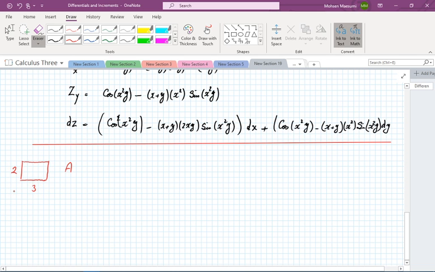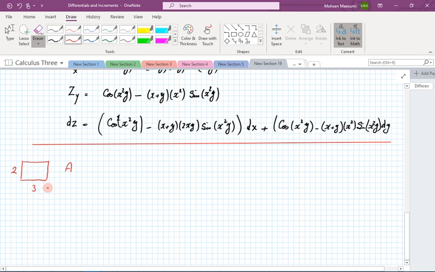So the area, well, you say 3 times 2 is 6 square miles. Well, you know that when you measure a piece of land like that, you can never say you're really sure that this is 3 miles. There is some degree of error in this thing.